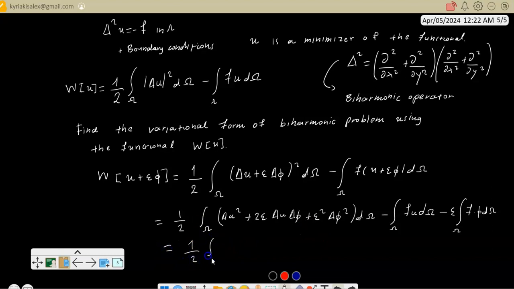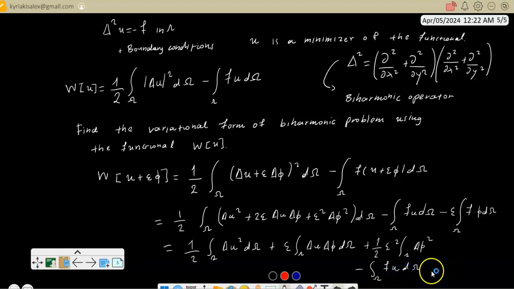We split these integrals here. Minus the integral over omega phi times u d omega minus epsilon integral over omega phi times phi d omega.